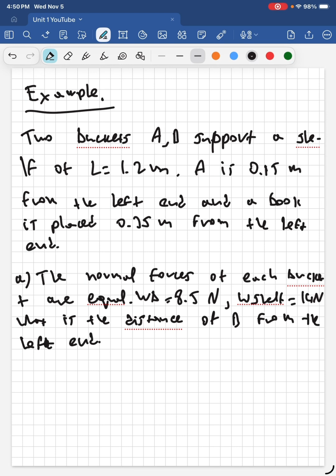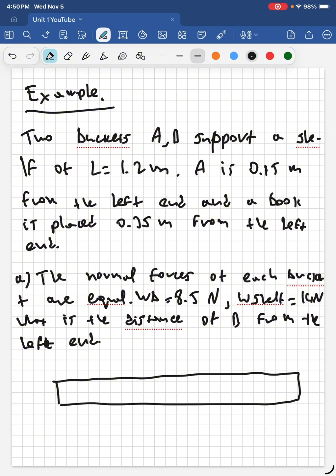And I owe you a scheme. I'm sorry, I should have done that first. So this is the situation. We have A over here and bucket B over here. So this is a book. Let's draw it with a different color. Okay, that's the book, and it exerts some force. Okay, and this is the center of this thing.